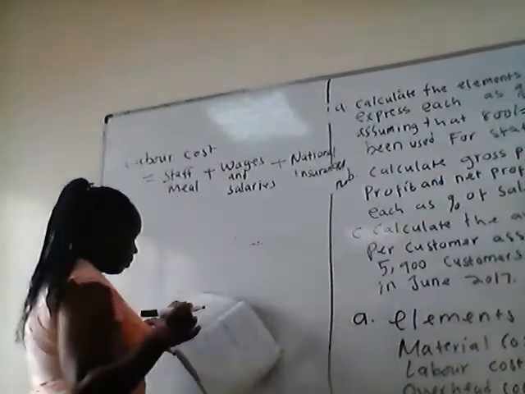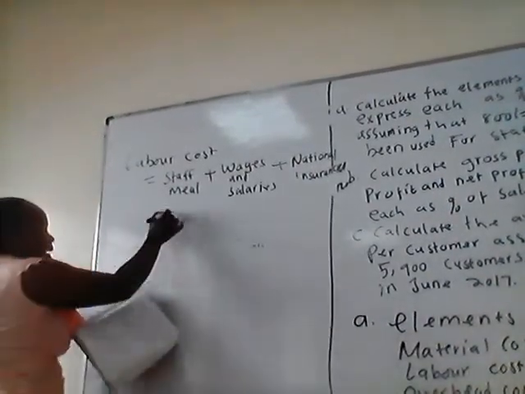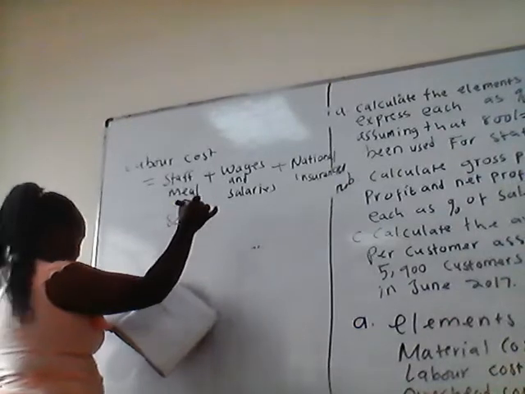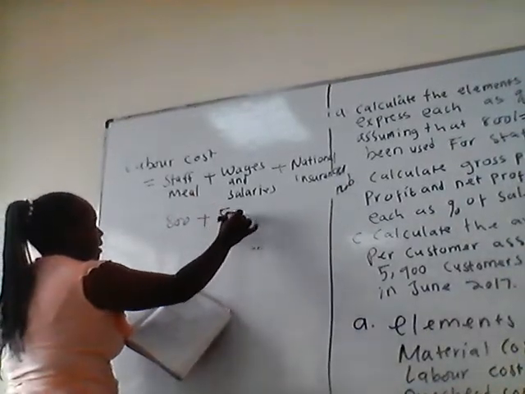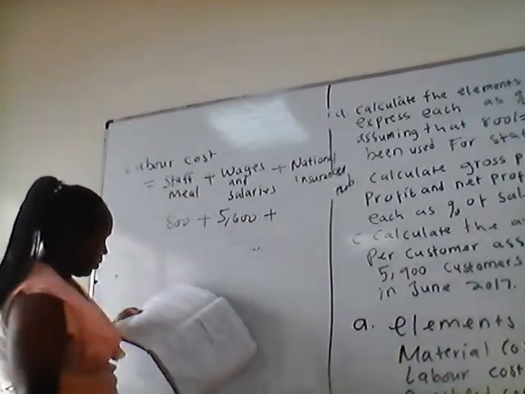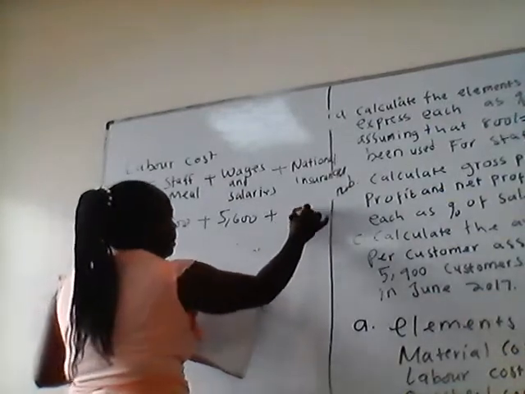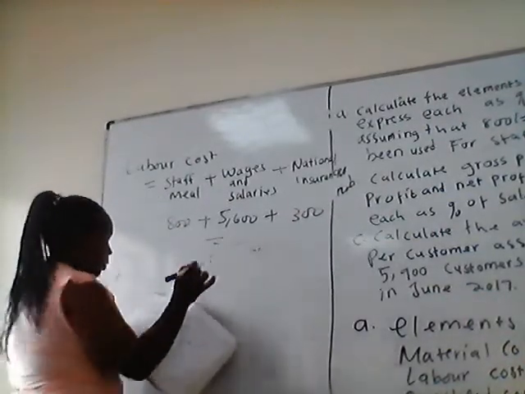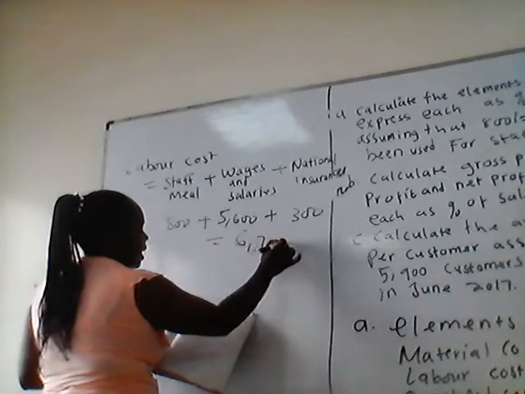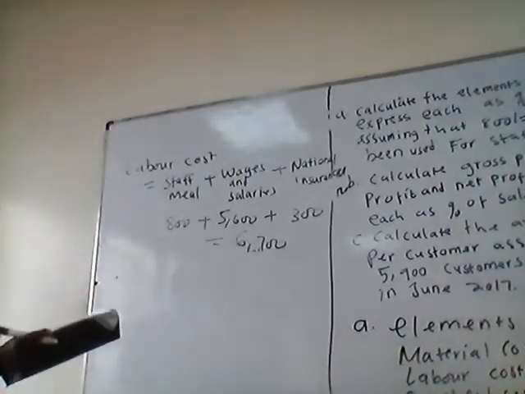So it will be 800 plus wages and salaries, which is 5,600, plus national insurance, 300. When you total all of it, you get 6,700, and we are told to express it as a percentage of sales.